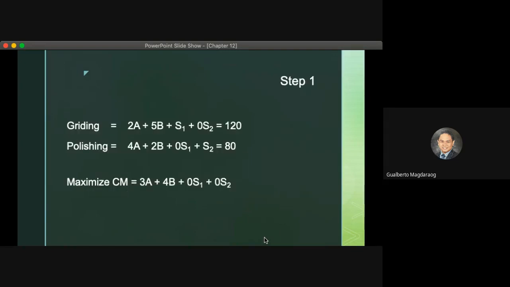Now, the steps in using the simplex method and setting up a tableau for the computation: we need to first assign a slack variable. And what is a slack variable?